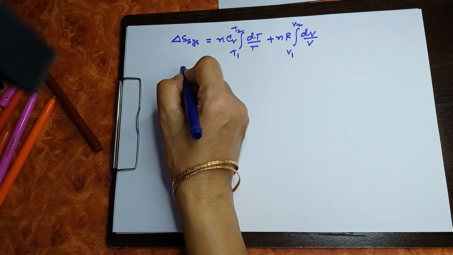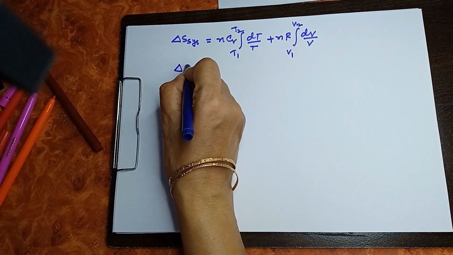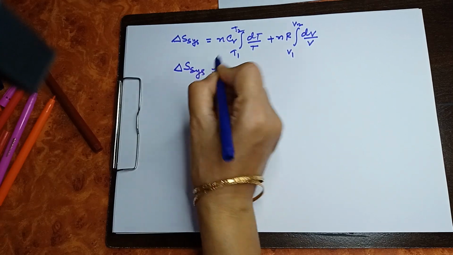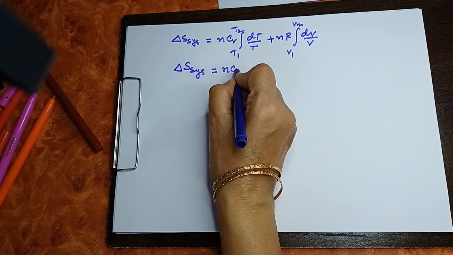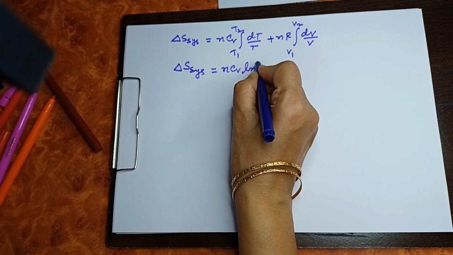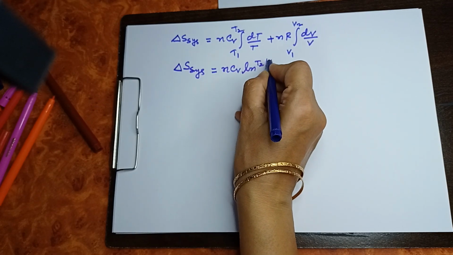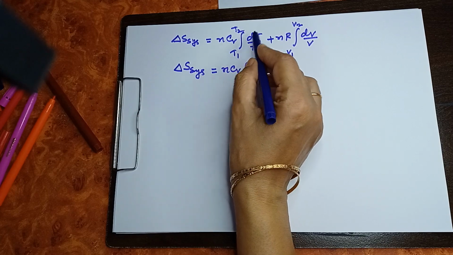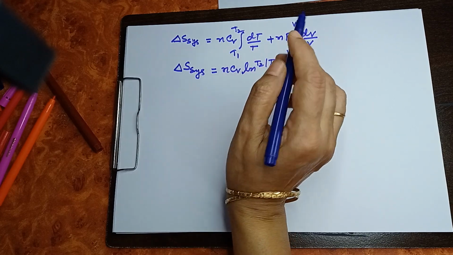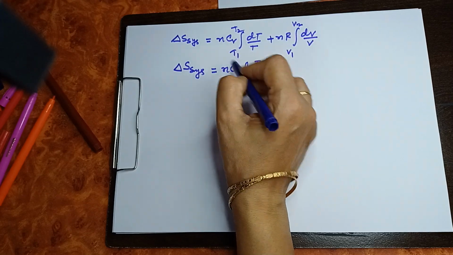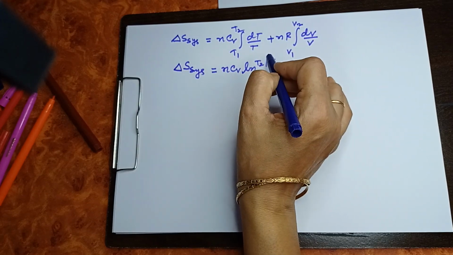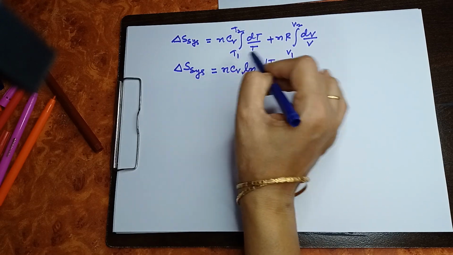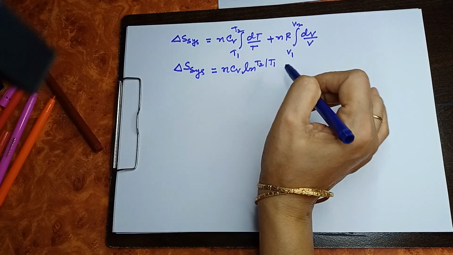So if I integrate these things, then delta S system will be equal to nCv ln T2 by T1. Hope you know the formula: integration of 1 by T dT is log T, log I am taking base e, that is ln T. So upper limit minus lower limit, ln T2 minus ln T1, so ln T2 by T1.